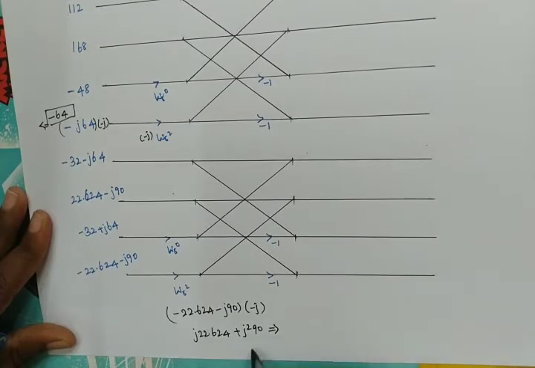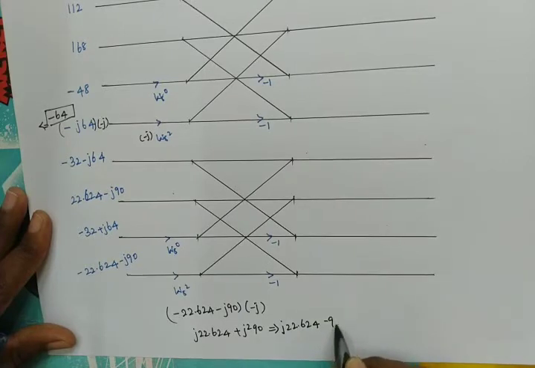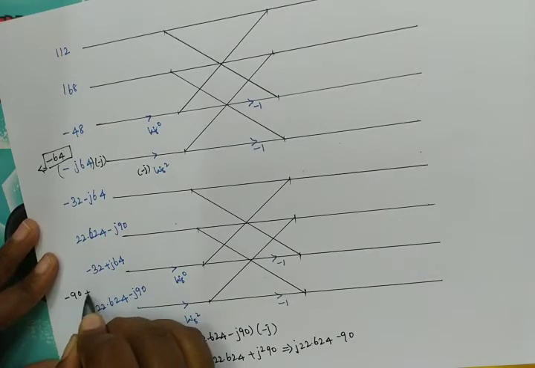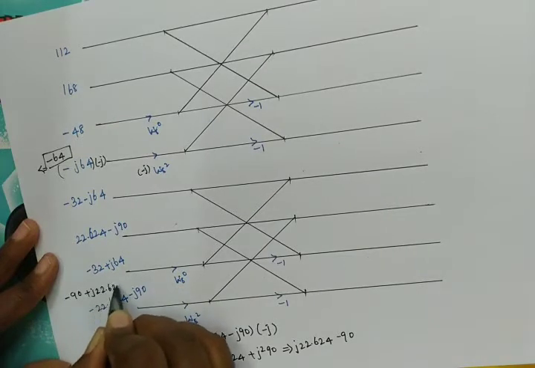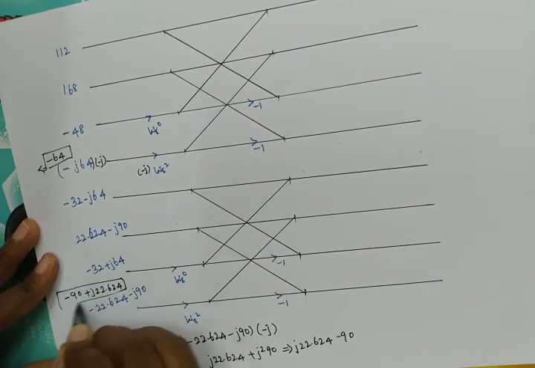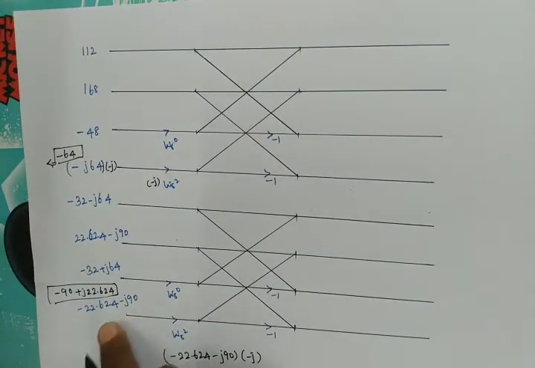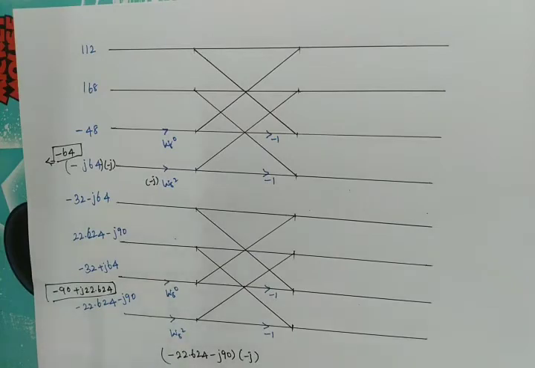Therefore we can write this as J 22.624 minus 90. So here we have to use this, that is minus 90 plus J 22.624. This is the number which we have to use here. While writing we will get confusion only with this. Don't use this number. Now let us proceed.